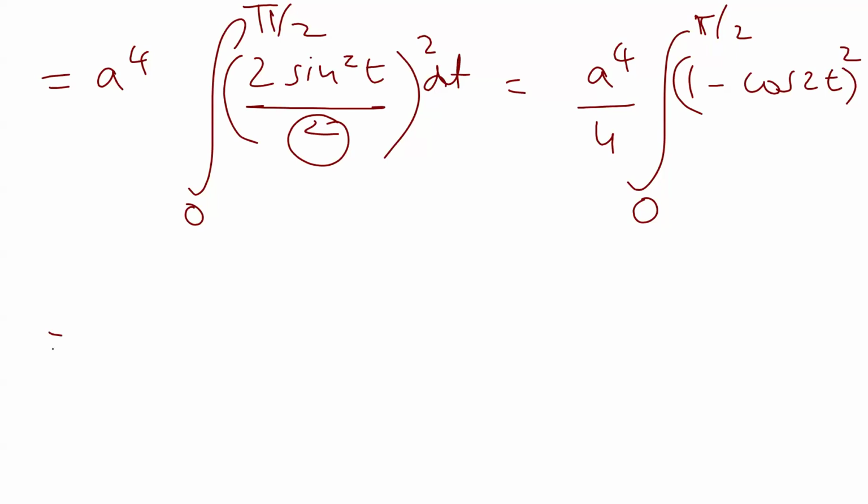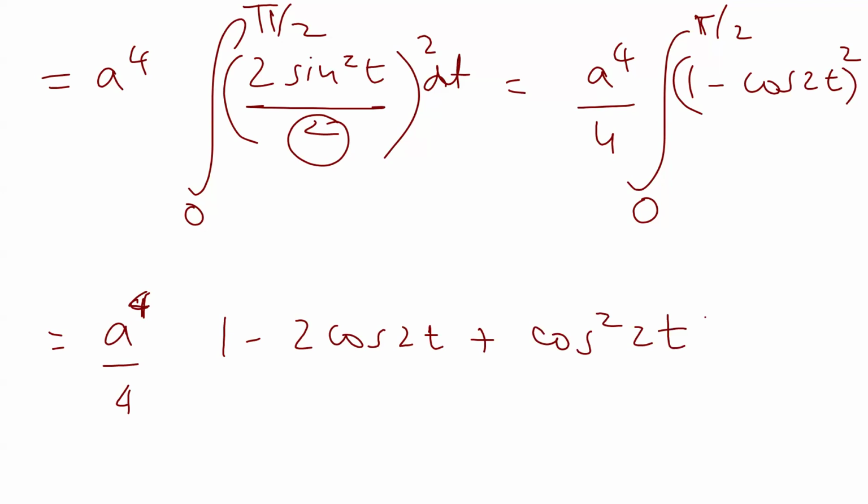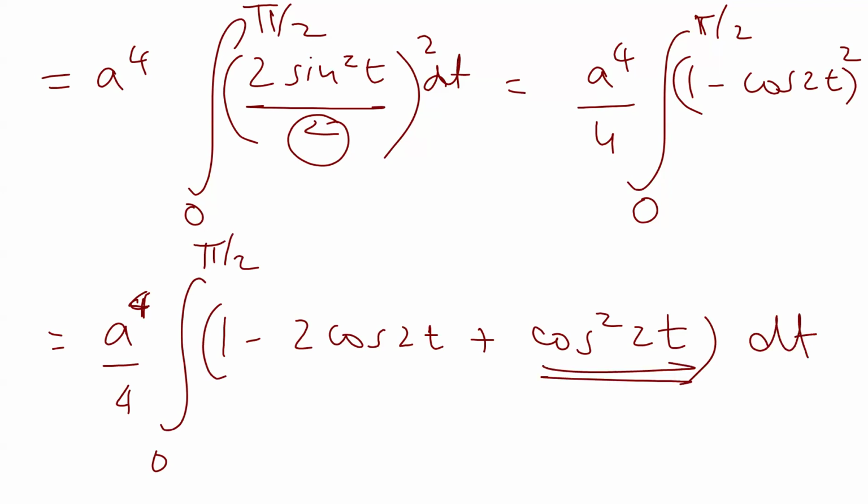Now expand this. A raised to 4 by 4, integral 0 to pi by 2 of 1 minus 2 cos 2t plus cos square 2t dt. Now again we'll multiply and divide by 2 over here.